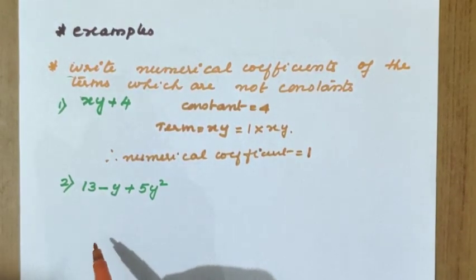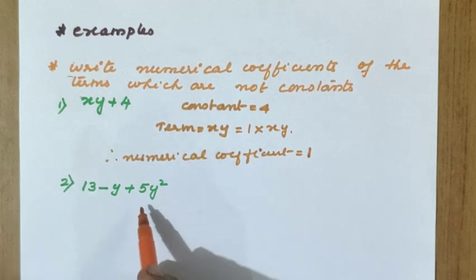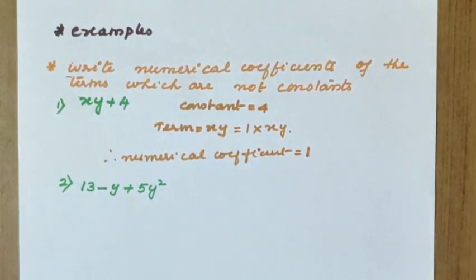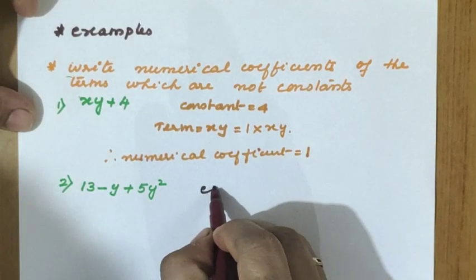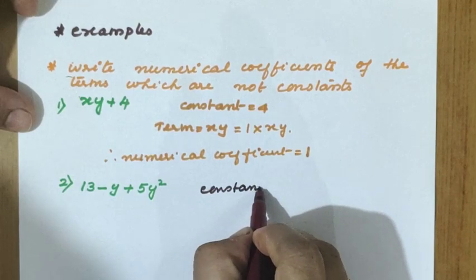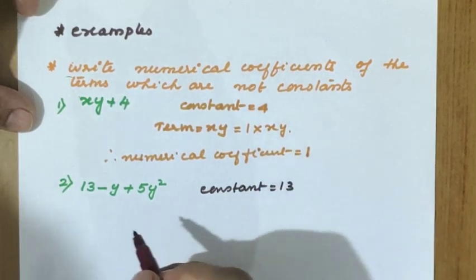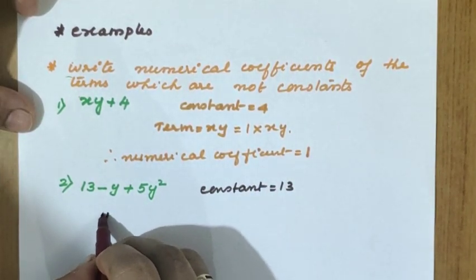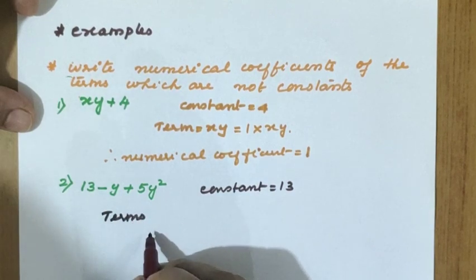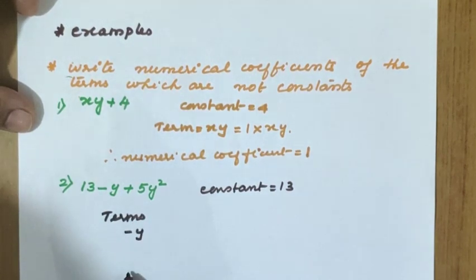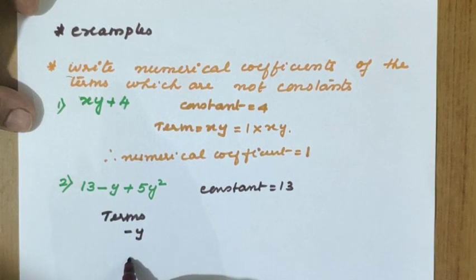Okay. Now the second question, 13 minus y plus 5y square. So which is the constant we will identify first? Constant equals 13. Other than 13, what are the terms there? The terms are minus y and 5y square.